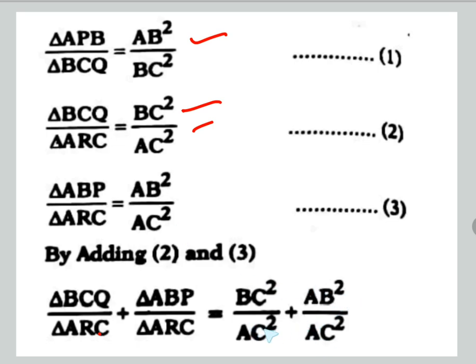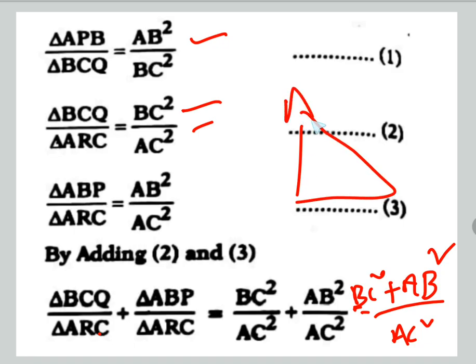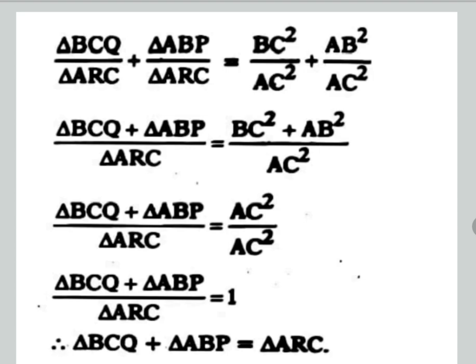AC is common, so AC square is the LCM. So we can write BC square plus AB square. But we know that in the right angle triangle ABC, BC square plus AB square is equal to AC square. So AC square by AC square is cancelled.